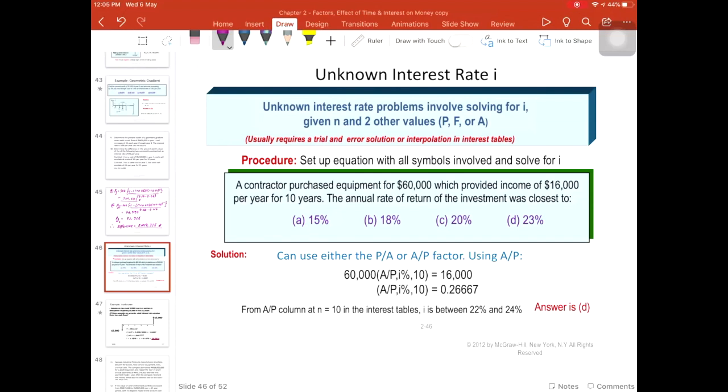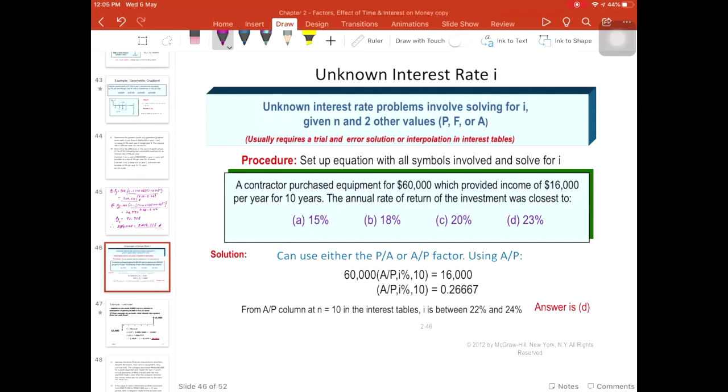So A/P equals 10,000 over 60,000, so we will get A/P at 10%, which is 0.1667.